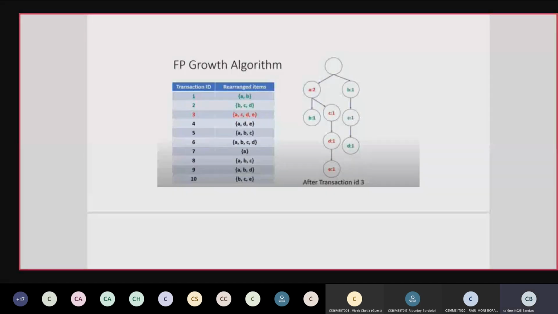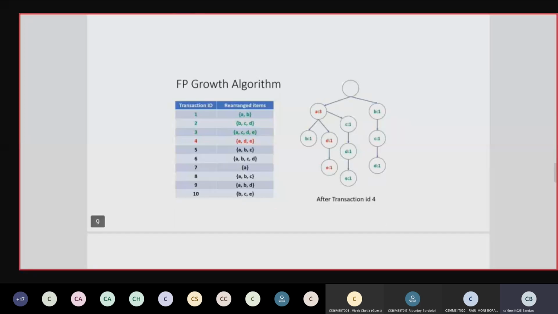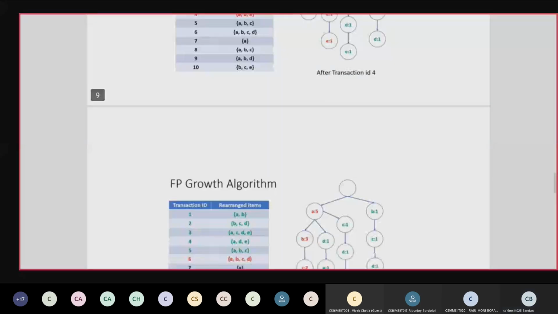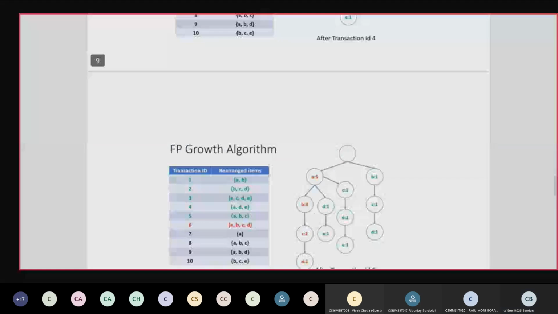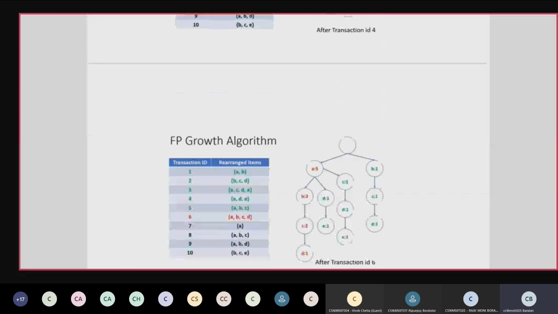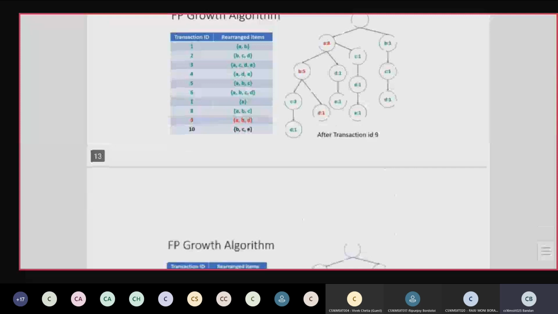Likewise, we scan A, D, E and the count of A becomes 3, and the D and E counts become 1 and 1. Again we scan A, B, C. Next, we scan A, B, C, D. Likewise, the same scanning is applied up to transaction ID 10. So that's all. Thank you.